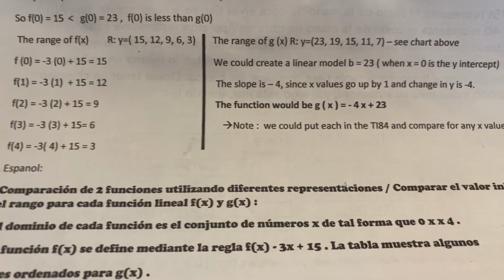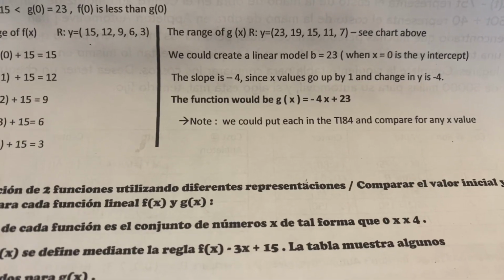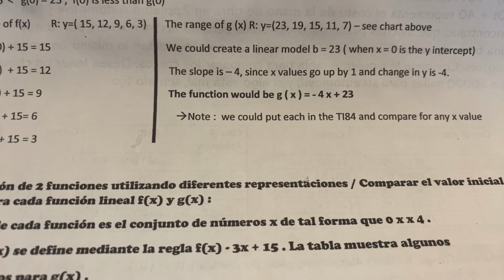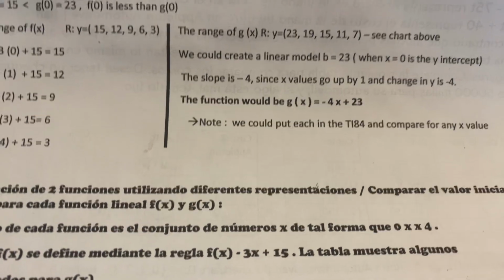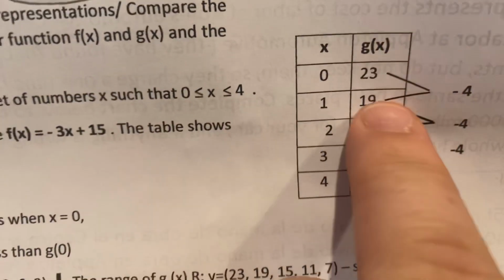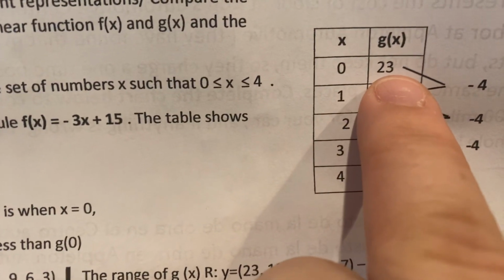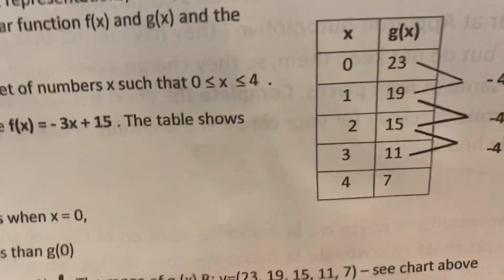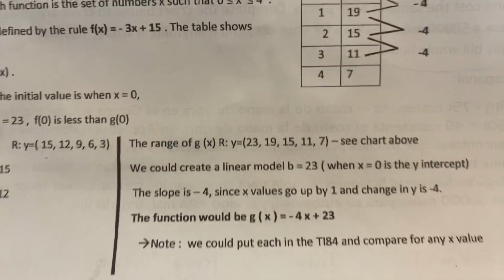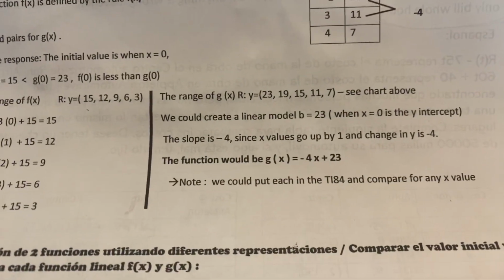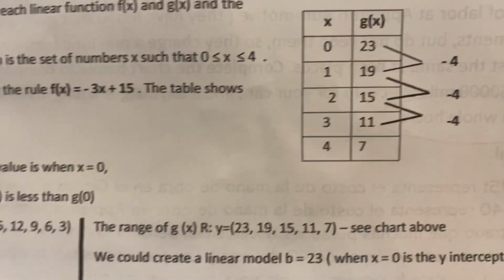Okay. Over on this side, what do I know? When x is 0, you get the y-intercept, which is 23. So up here, that is your y-intercept. When x is 0, y is 23. That's the b in the y equals mx plus b. The slope is negative 4 because of the rate of change.